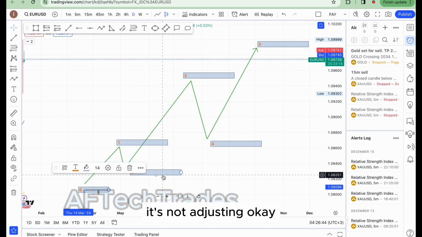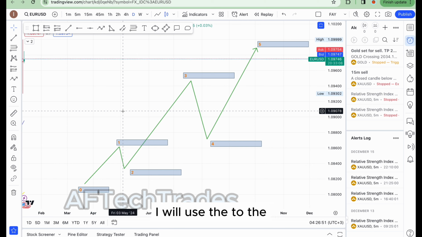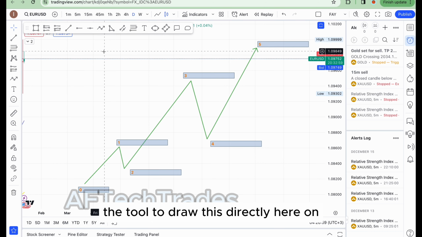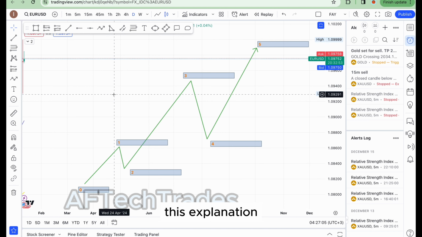But ideally, this is how it looks. We have the tool to draw this directly here on TradingView. We'll look out for it later after this explanation.